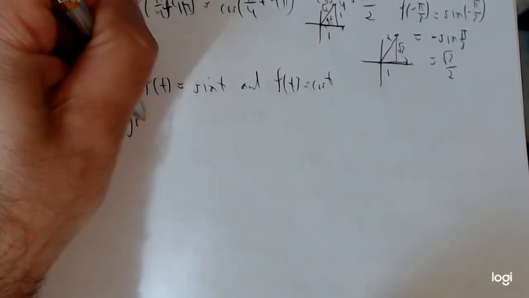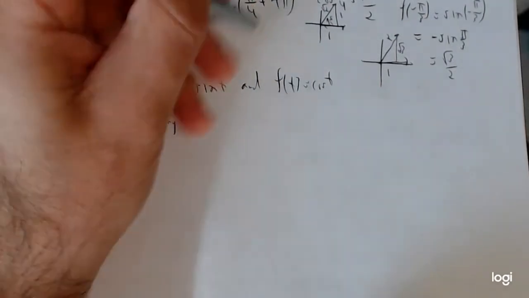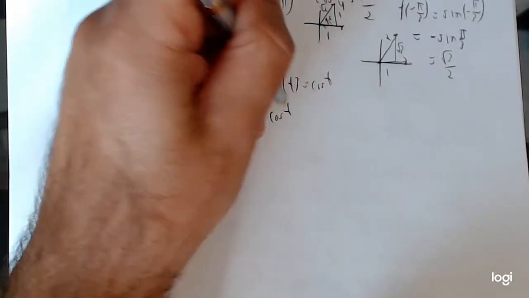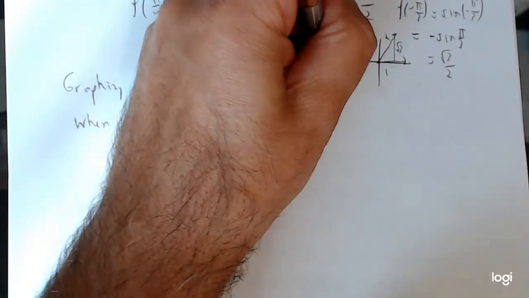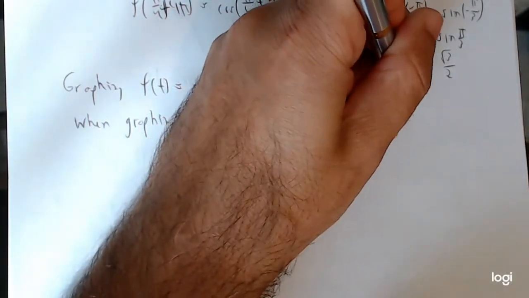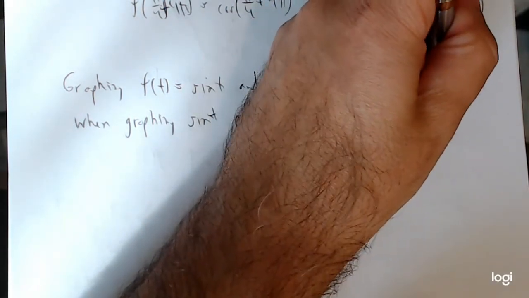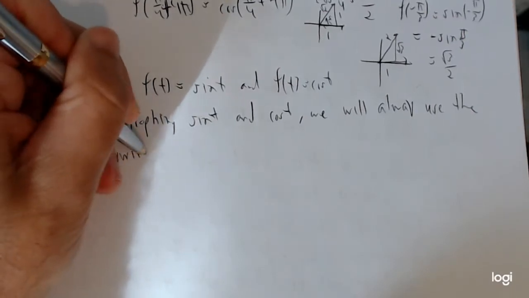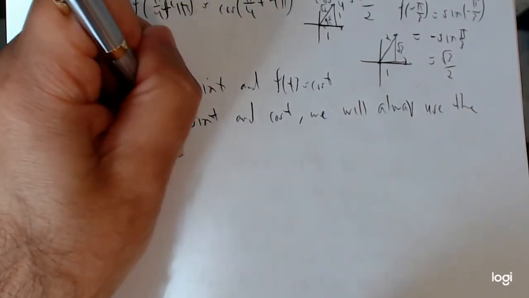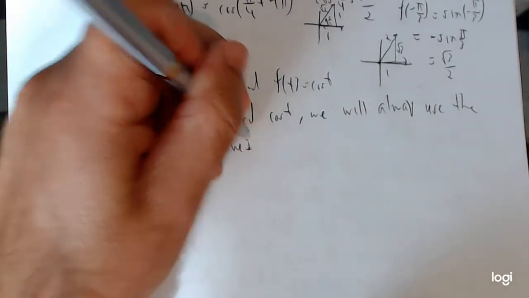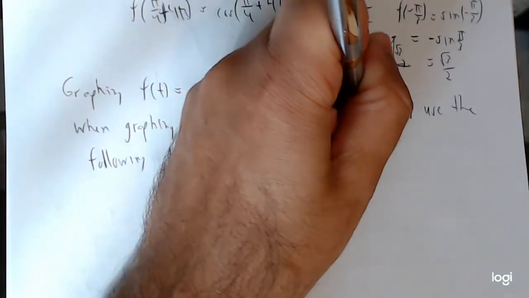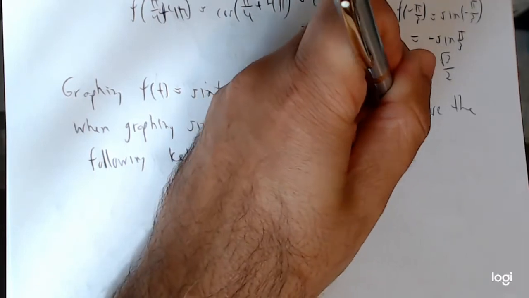So when graphing sine of t and cosine of t, we will always use the following key values. Okay, so these are the key values we want to use, and we're always going to use this for sine and cosine, which is t equals 0, pi over 2, pi, 3 pi over 2, and 2 pi.